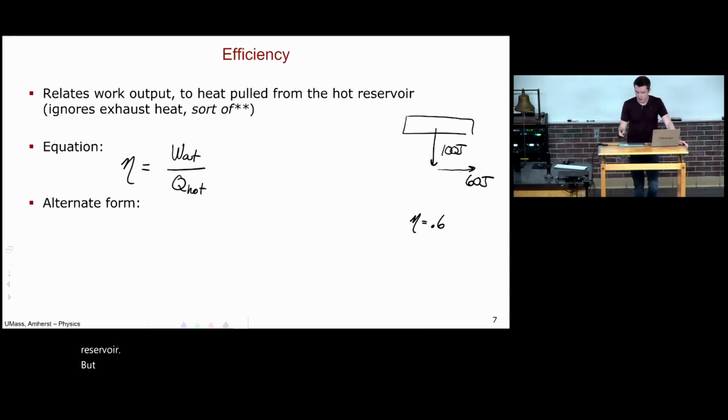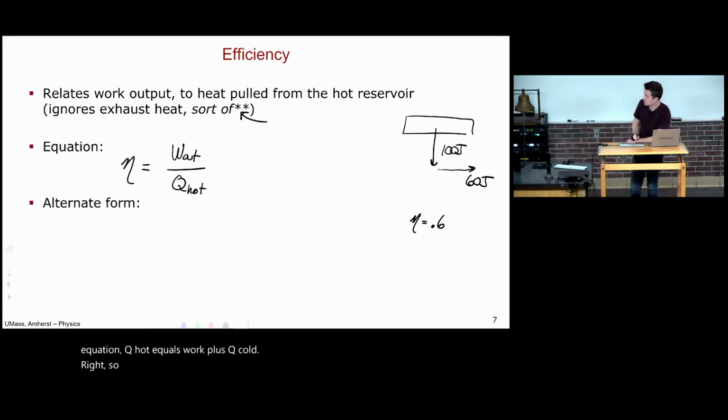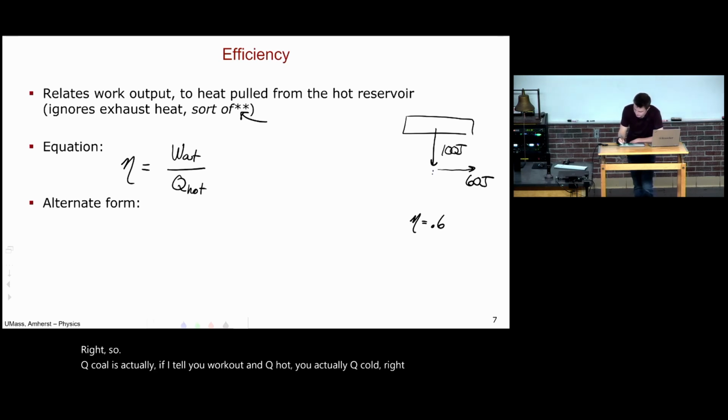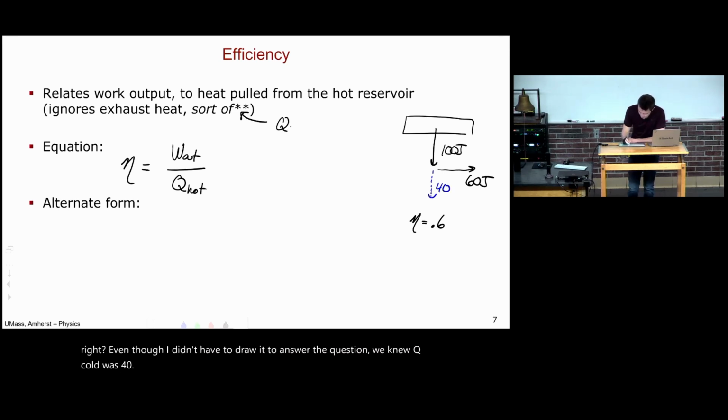But remember that work, the hot reservoir heat, and the cold reservoir heat are tied together by that equation: Q hot equals work plus Q cold. So if I tell you work out and Q hot, you actually know Q cold, right? Even though I didn't have to draw it to answer the question, we knew Q cold was 40.